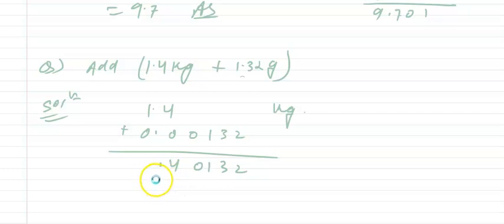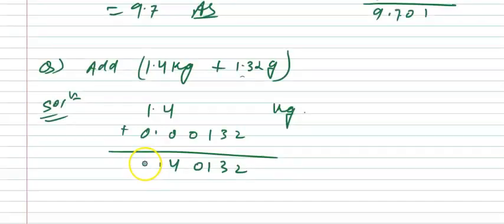Now do the round off. If the round off is required, you have to do it. Getting it? The least accurate number is this one, 1.4. 1.4 is the least decimal, and here round off is not necessary.